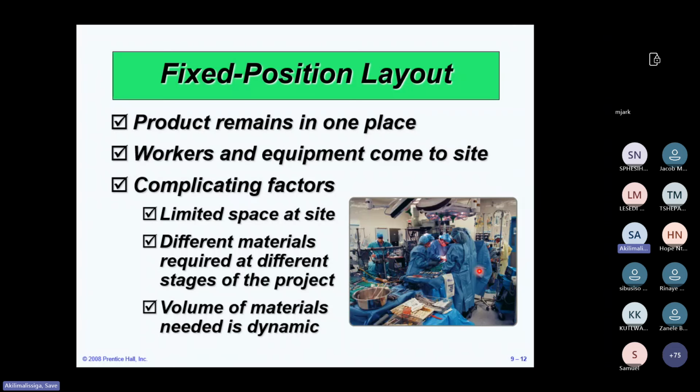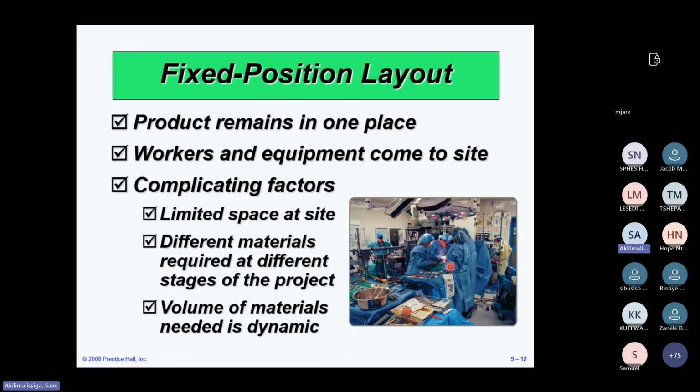So it says that product remains in one place. When they are saying product here, we are referring to this patient being operated here. All right. So the patient here is referred to as a product. The patient will remain in this room.